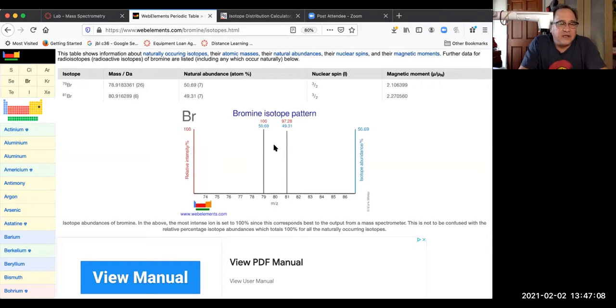Now, notice the 100 and the 97.28. Those are the actual numbers you get from the mass spectrometer, and you have to calculate 50.69 and calculate 49.31. I'm going to show you how that's calculated because it's kind of interesting. So I'm going to switch screens back to my paper.